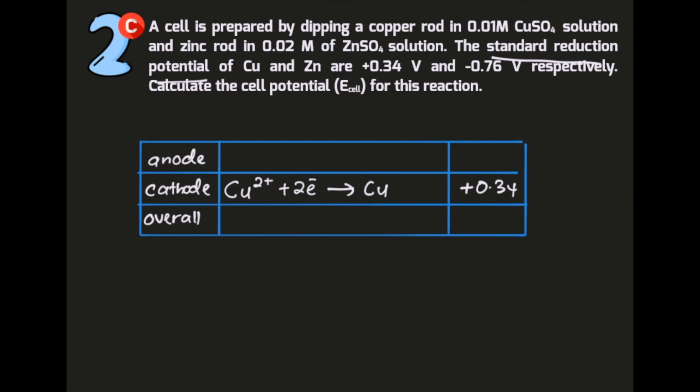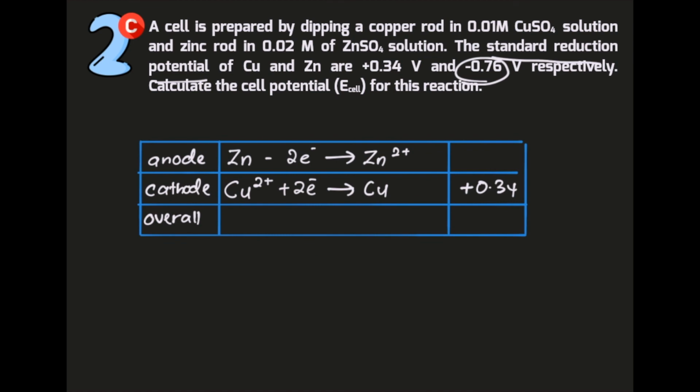Right, next up is zinc. So zinc is going to undergo an oxidation process, therefore it's going to be zinc minus 2 electron to produce Zn2+. But if you look at here, it is negative 0.76 volt.